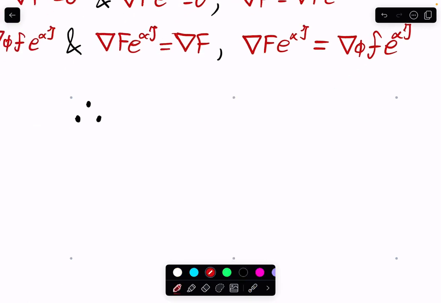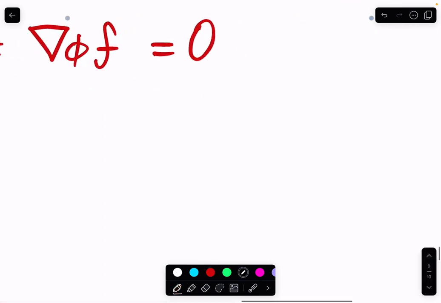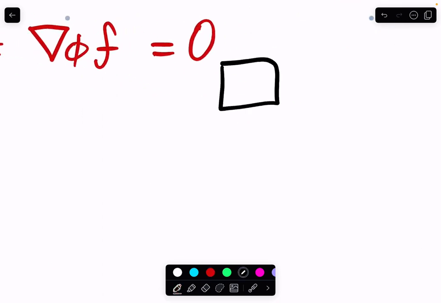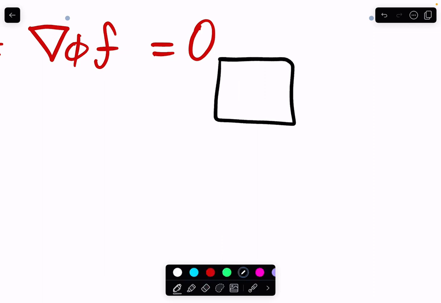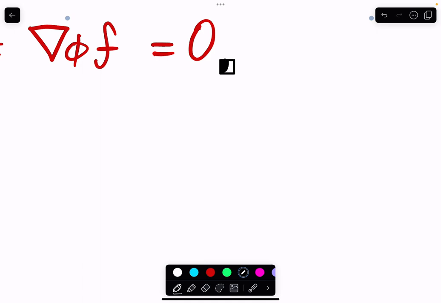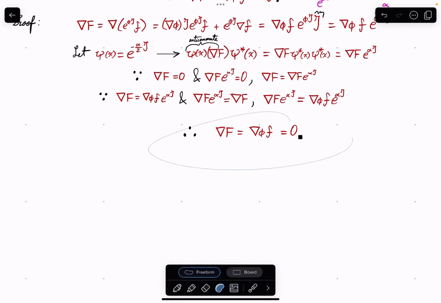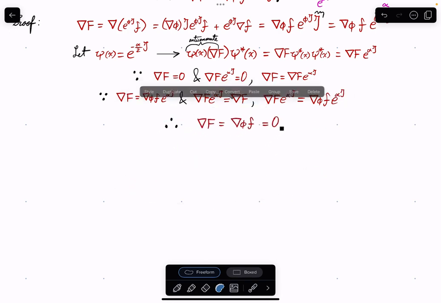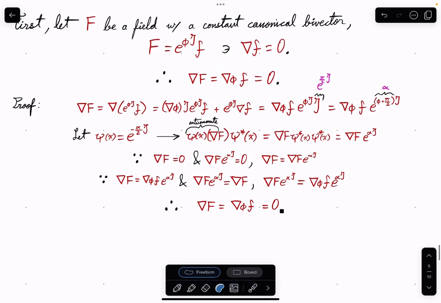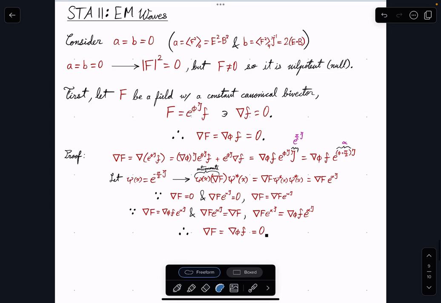So therefore, gradient of f is equal to just the gradient of phi of f, which is equal to 0. This is the end of the proof. So this is what we have so far.